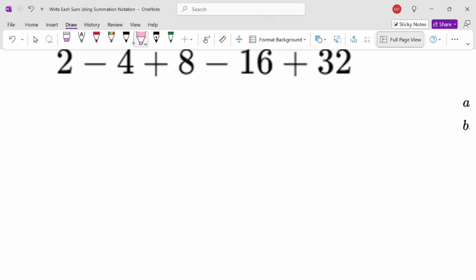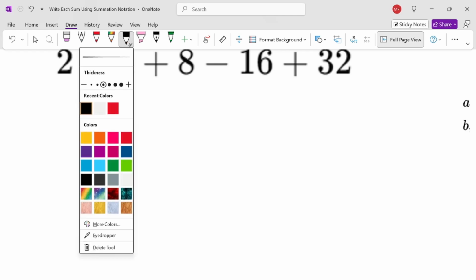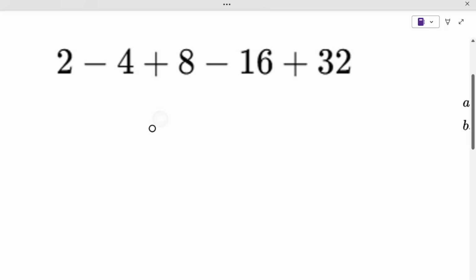So in order to deal with that, let me grab a different color here. We're just going to pretend that they don't exist at all right now, and focus on the bare bones, the constant numbers 2, 4, 8, 16, and 32.